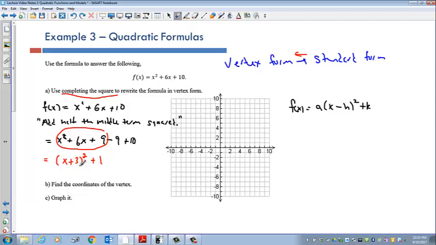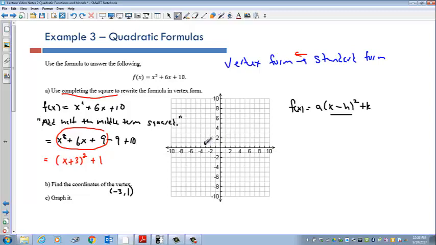Now be careful because h is a little bit tricky. It's not positive 3. The vertex is actually negative 3. And the reason for that is because it's minus h, and here you have plus. So there's really a minus if you want. That's why h is negative 3. And of course the k is just 1 because it's plus k, so plus 1. So there's a vertex at negative 3, positive 1.